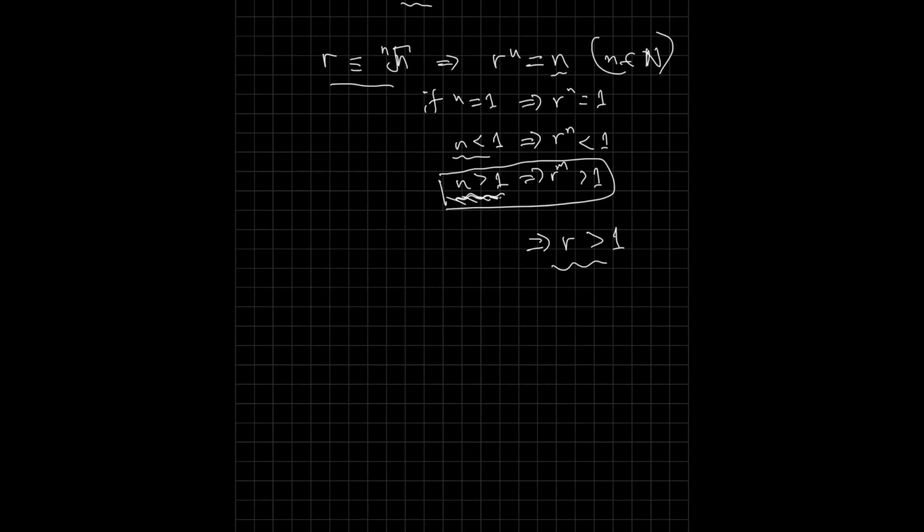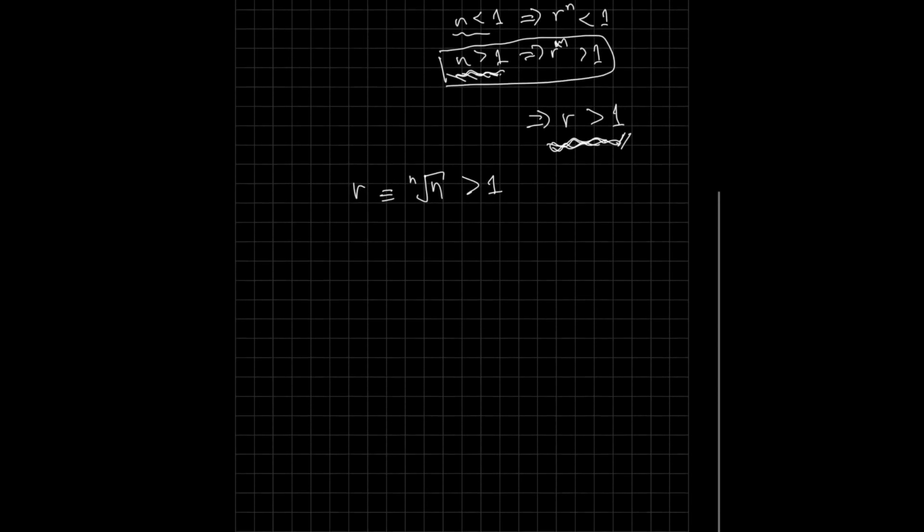That's because exponentiating by n is an increasing function, and therefore if r to the n is greater than 1, then r is greater than 1. And that means that r, which is equal to the nth root of n, is greater than 1.